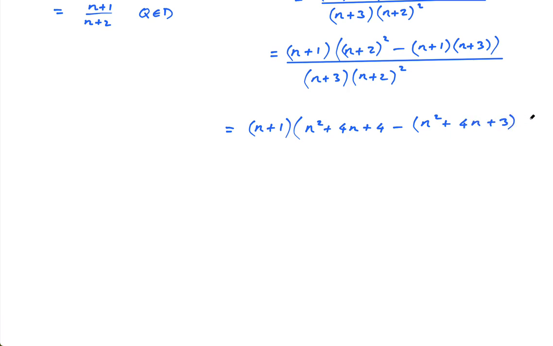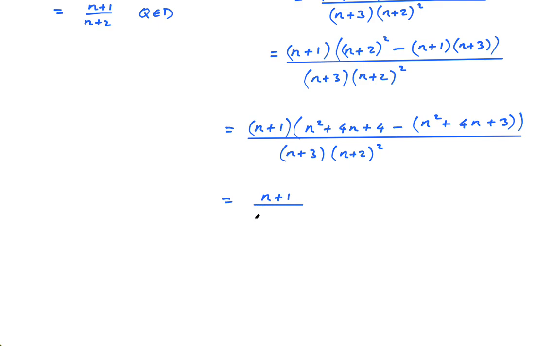Lovely, that's exactly what I wanted, because this will all cancel except 4 minus 3 is 1. Same denominator again, n plus 3 times n plus 2 squared, equals that minus that is 0, that minus that is 0, and 4 minus 3 is 1. So it's just this times 1, which is n plus 1 over n plus 3 times n plus 2 squared.